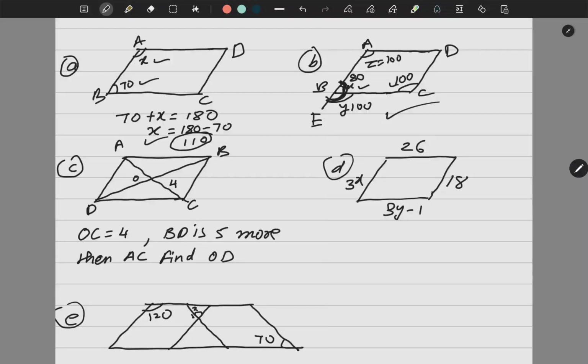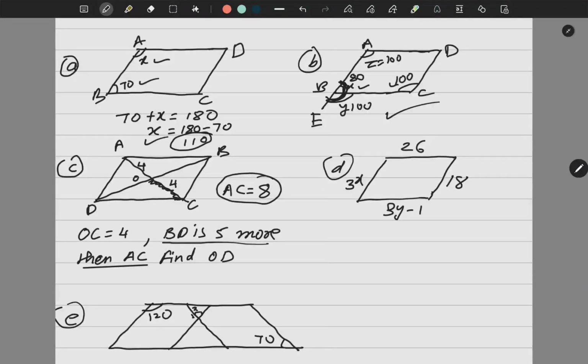Now in question C, what is given? OC is equal to 4, means this is equal to 4. Now as I have already told, diagonals of a parallelogram bisect each other, right? So if OC is 4, OA is also 4. Now the next thing given is BD is 5 more than AC. First I should know what AC is. So clearly here AC is equal to 8, 4 plus 4, 8. Right? Now AC became 8.